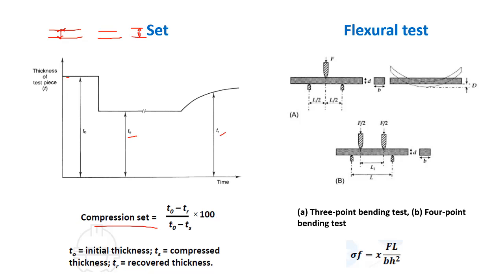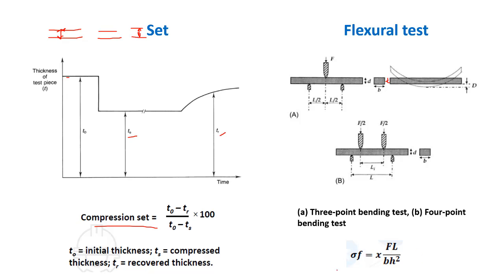Then we have the fracture test. Here we can check using a 3-point bending test or 4-point bending test. This is the material in between, it is supported at 2 points here, and the load is applied at the middle of these two, and it has a cross section of B into T. If we want to calculate the fracture stress, it can be calculated using this formula.